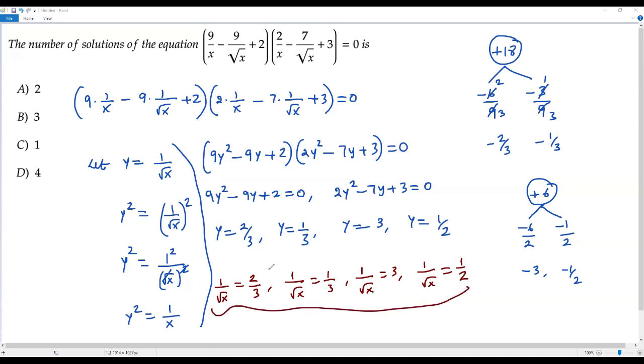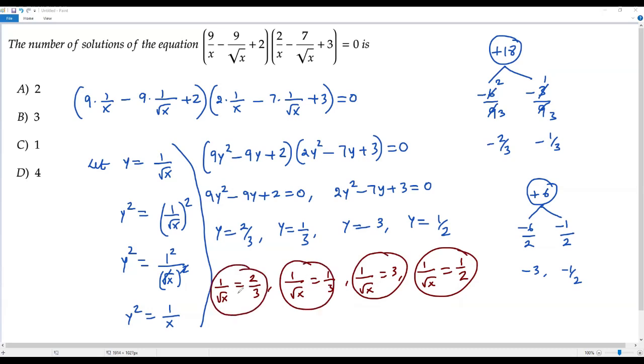When we square both sides, there's no chance to get an imaginary value for x. So solving these 4 equations for x, I'll be getting 4 real values. That means the number of solutions for the given equation is 4 real solutions. We find 4 in answer choice D. The correct answer choice for this question is D.